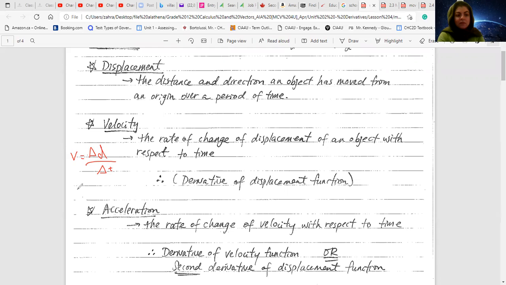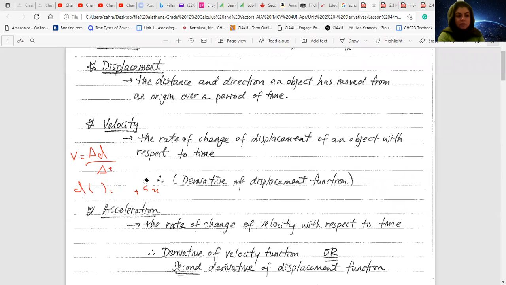Basically, if you have dx, say, equal to x power 2 plus 5x, the slope of this will be your velocity, or the derivative of the displacement graph. Actually, it should be as a function of time.